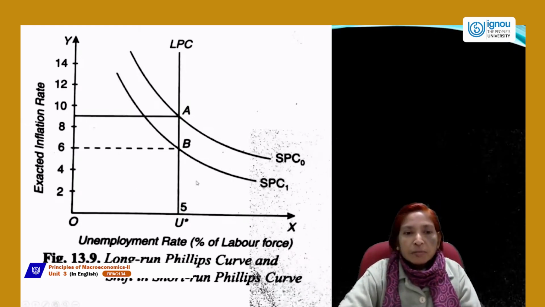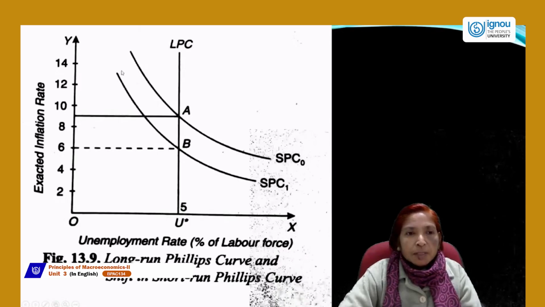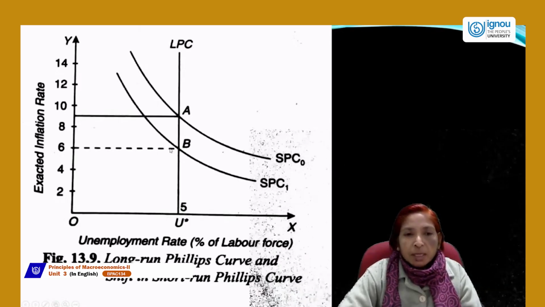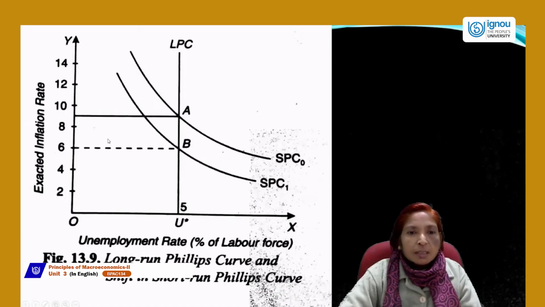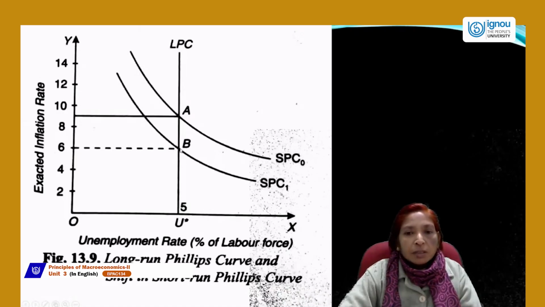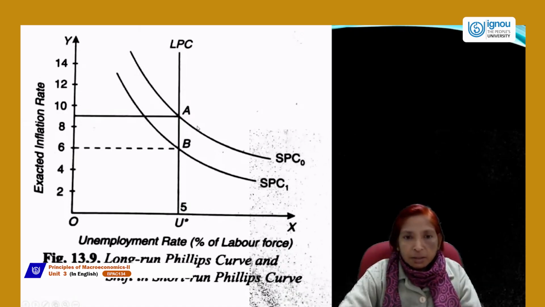Now next, here SPC means short run Phillips curve. This is short run Phillips curve number 1. As output increases or wage inflation increases, this Phillips curve will shift to the right hand side or upward.